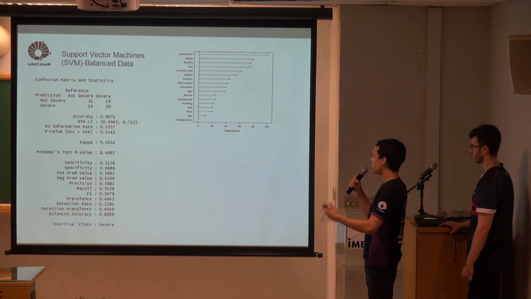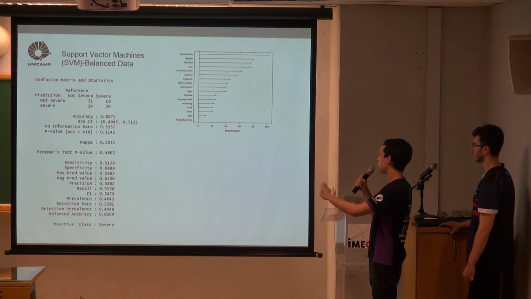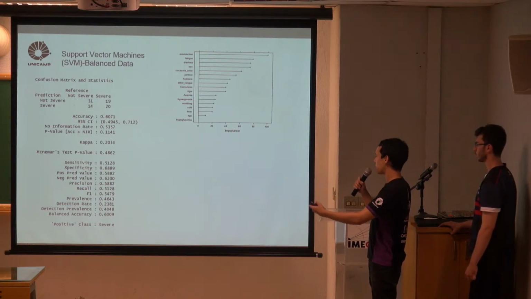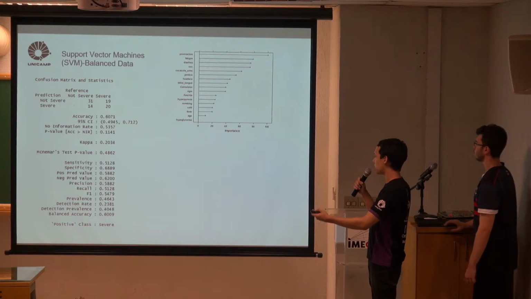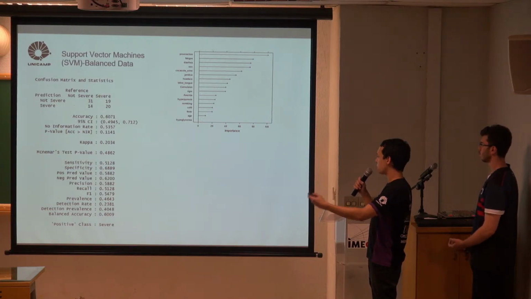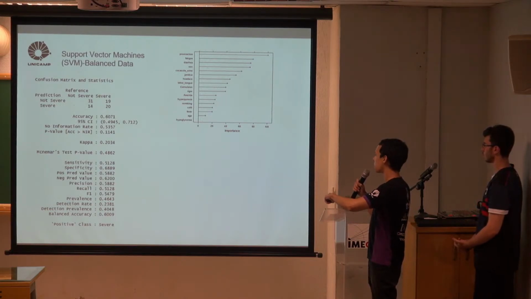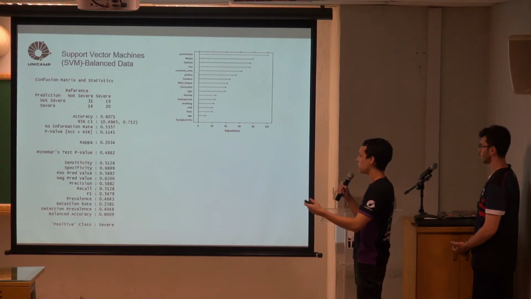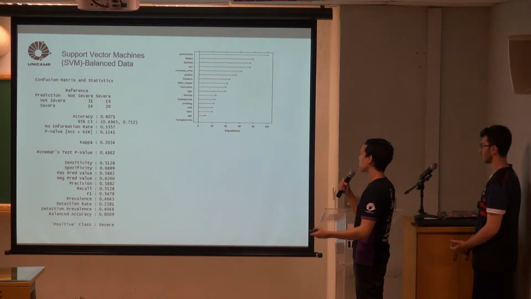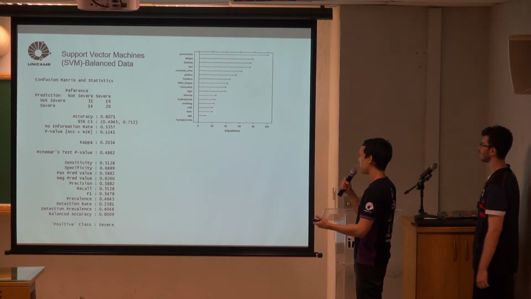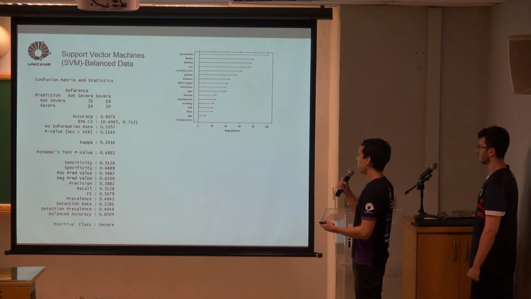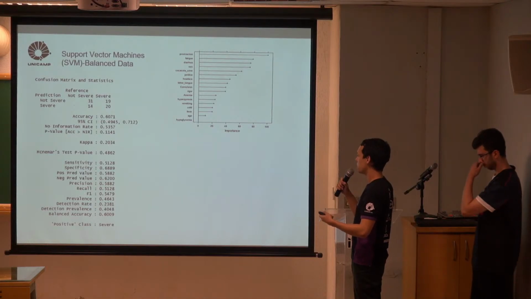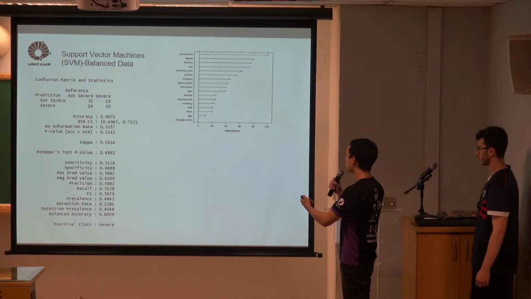So this is a much better model with balanced data than with the imbalanced data. Because of this, we can predict also the true positives and true negatives. Here we have a kappa of 0.2 that is already higher than 0, showing that it is a better model.